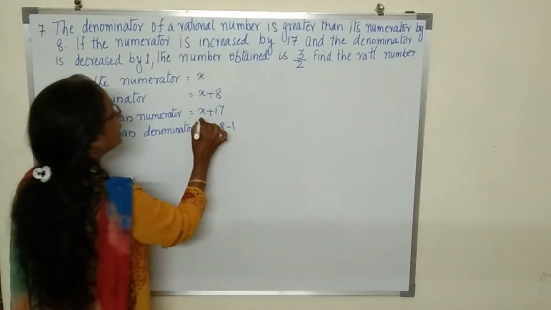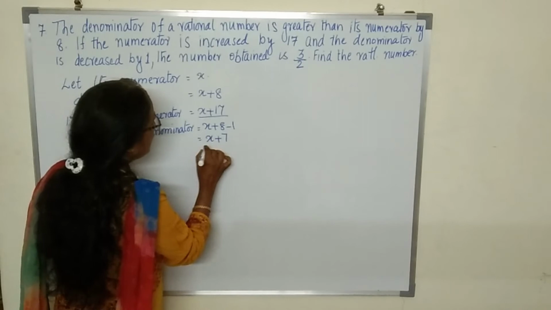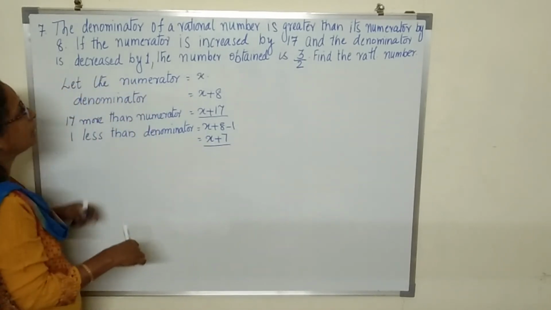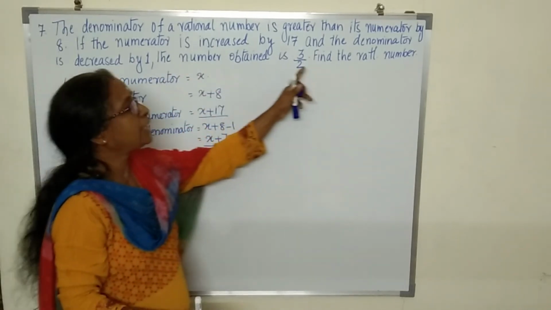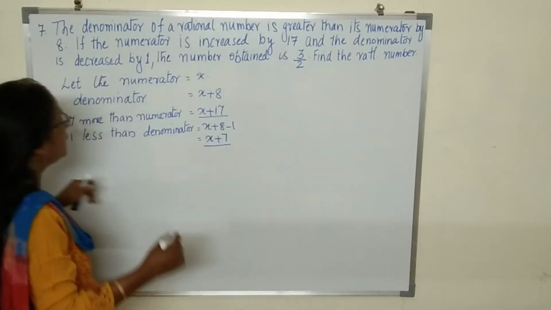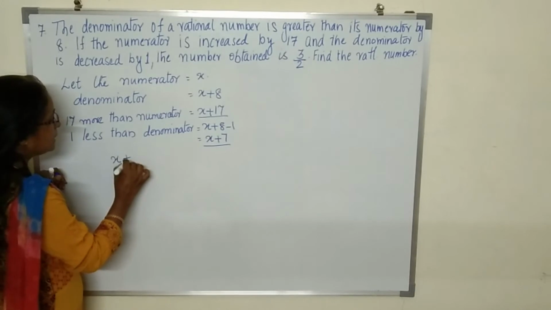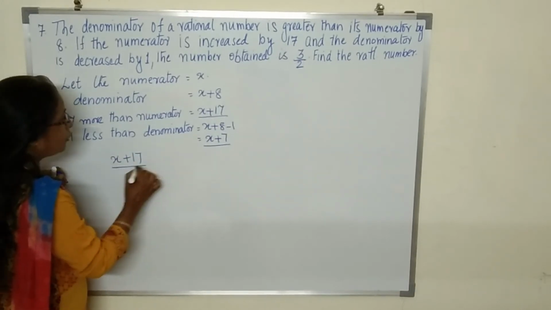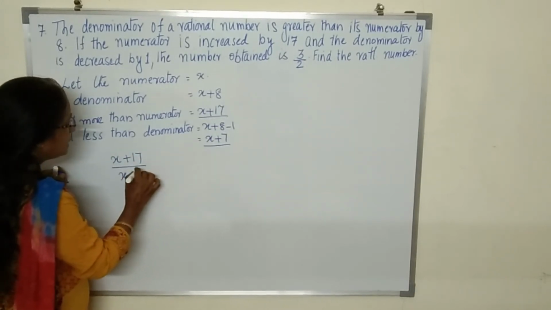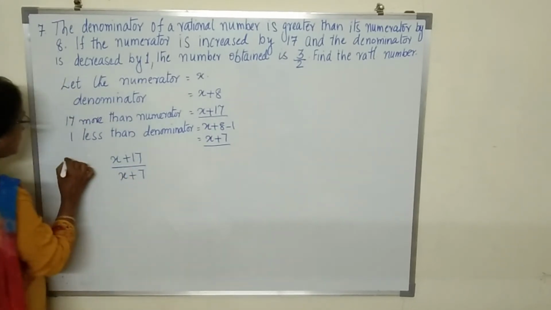So if the numerator is x plus 17 and the denominator is x plus 7, the number obtained is 3 by 2. So let us write the rational number: numerator is x plus 17 and denominator is x plus 7. So what is given?